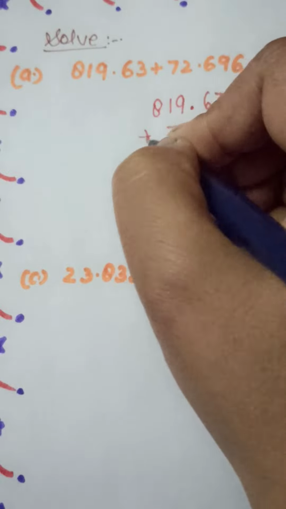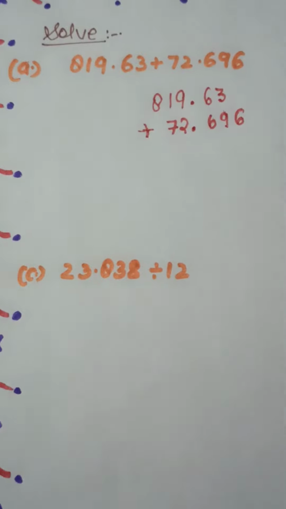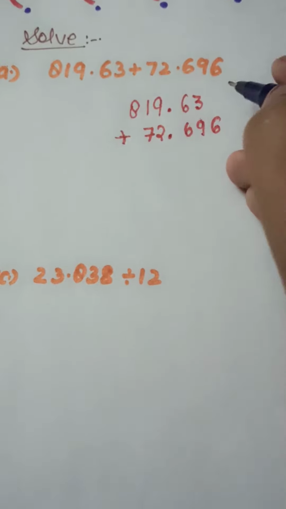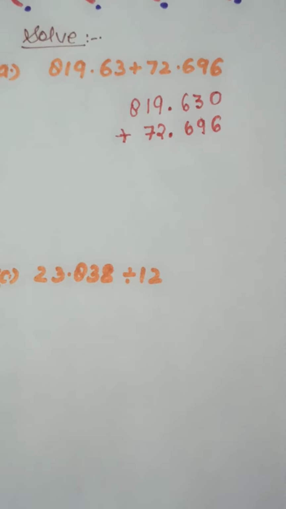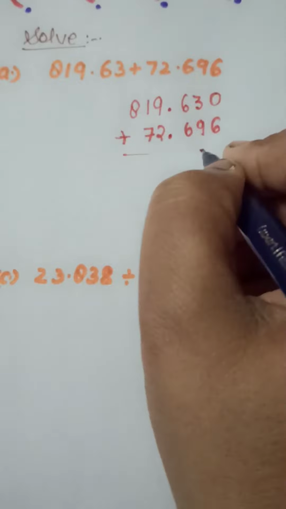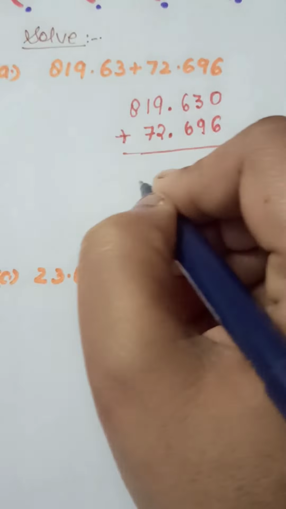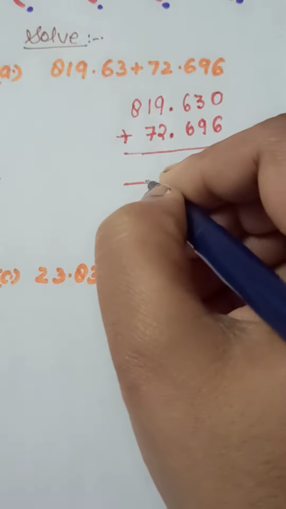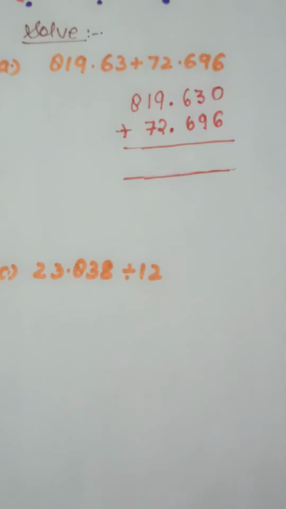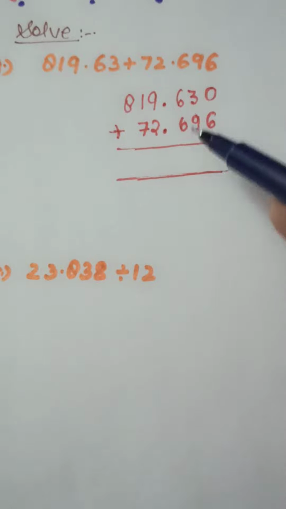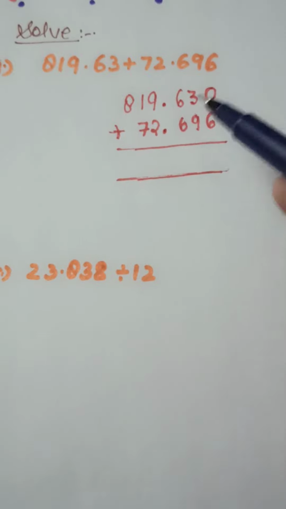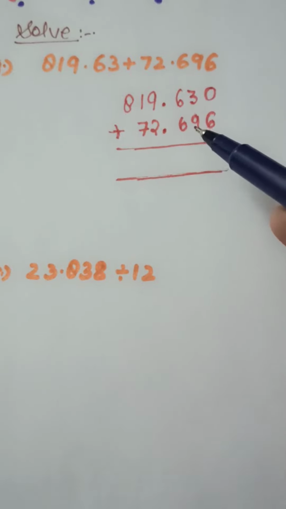Put the plus sign, and as we can see this place is empty, so we'll put 0 over here. Now as we have arranged it, we just need to add it. So this is how I have arranged it. Please solve it by yourself in your rough notebooks.